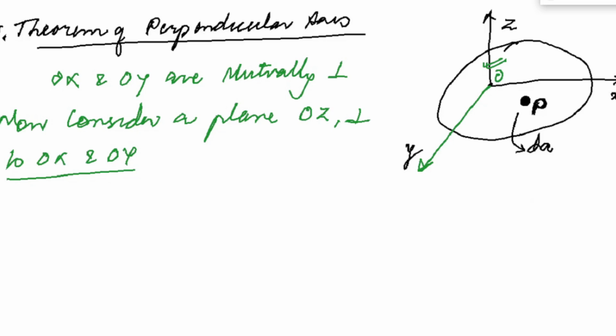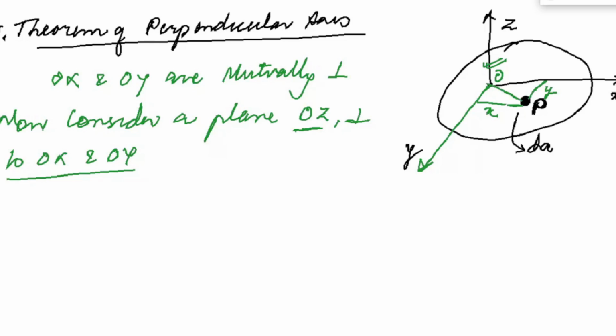All the three axes are mutually perpendicular to each other. And here again, this plane is also perpendicular to OY and OX. Now let's say this smaller lamina is at a distance of x from the y-axis, and it is at a distance of y from the x-axis.